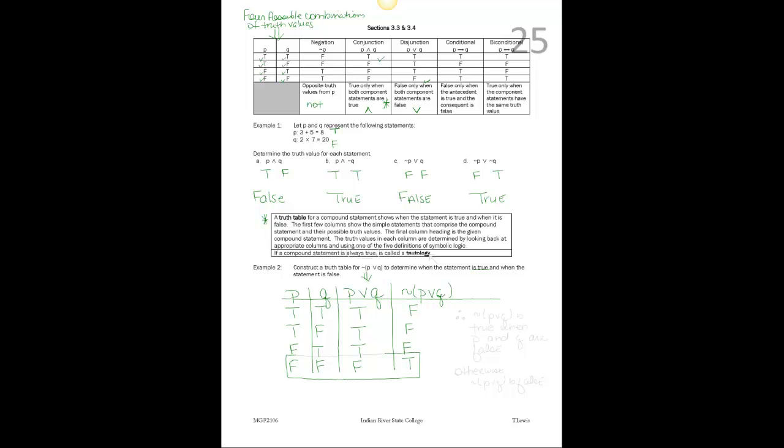Let's look at the last row here. I'm going to say therefore; these 3 symbols represent therefore. Not P or Q is true when both P and Q are false. Go back to your truth table.